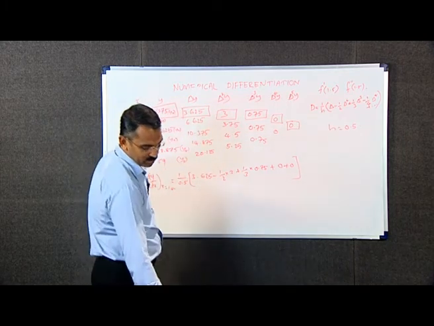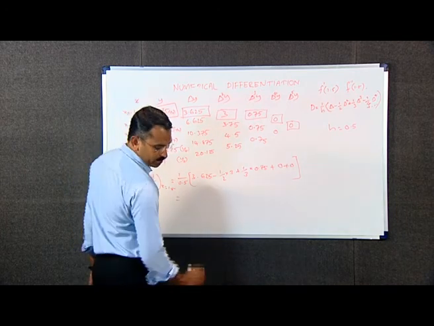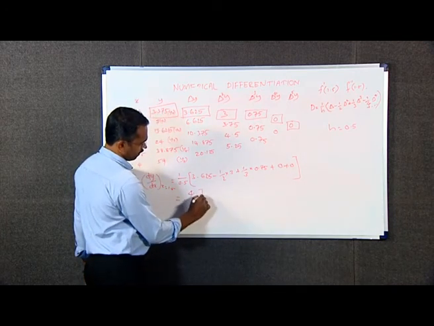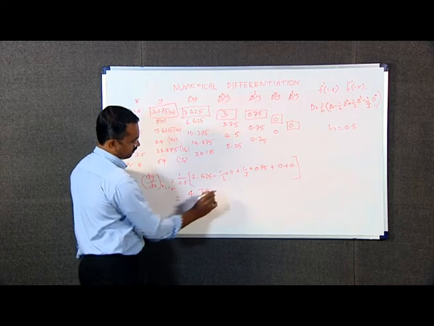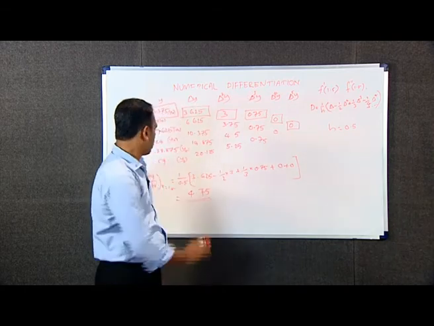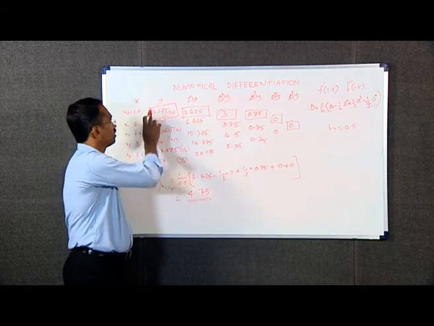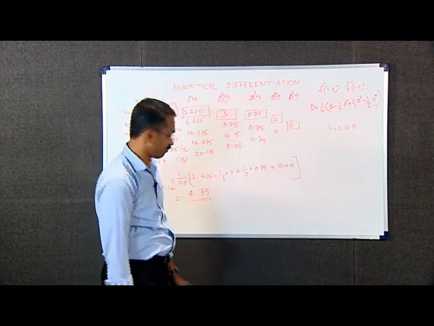On simplification, we get 4.75. This is the first derivative, dy by dx at x equal to 1.5.